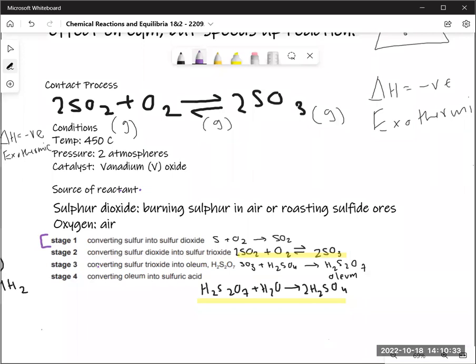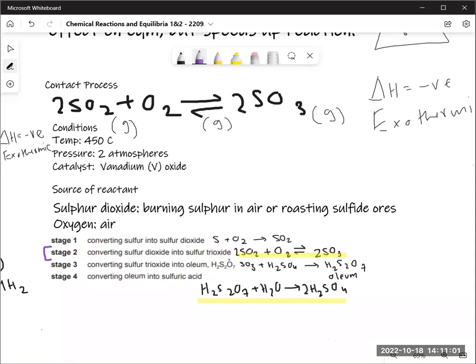In all of these 4 reactions, there's only one in which sulfur dioxide is produced, and that is burning sulfur in air. We're taking sulfur and reacting it with oxygen. There's oxygen in the air, and that will give us sulfur dioxide. We don't have to react oxygen with anything because oxygen is already in the air, right? Now Anas, read stage 2.